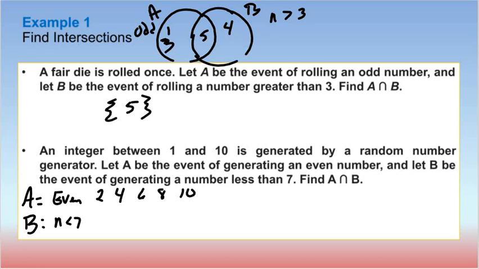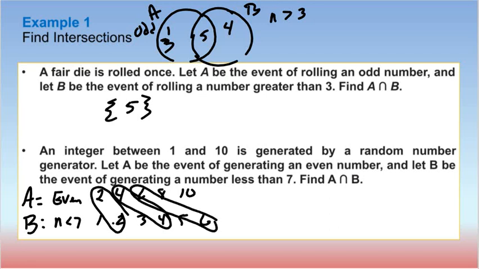And B, numbers less than 7, would be 1, 2, 3, 4, 5, and 6. We want to find the intersection of A and B, so numbers that are in both. 2 is in both, 4 is in both, and 6 is in both. So this would be 2, 4, and 6.